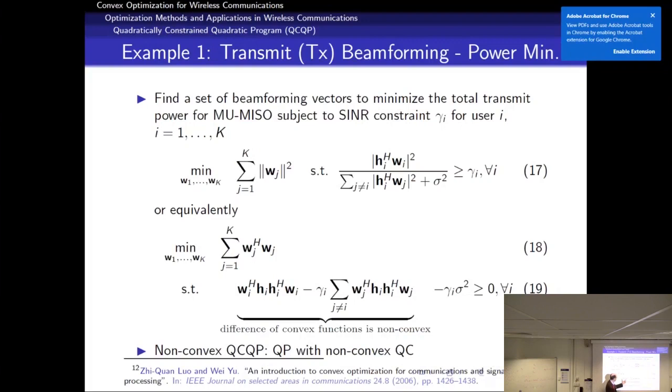What I have done is just shuffle the terms, bringing those on the exterior, so I have written this differently. The reason I write it differently is because I want to express this in SDP form. Here you see really the quadratic form: you have a matrix and you have the W on each side, and then a difference of quadratic forms. This is typically non-convex, but we solve this using SOCP.